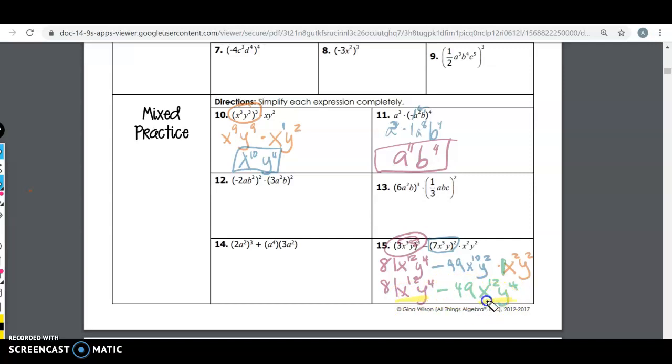Here we have x to the 12 y to the 4th. If they were not the same, we could not add or subtract these together. Because they have both the same letters and the same exponents, we can, in this case, subtract 81 minus 49. That makes 32.